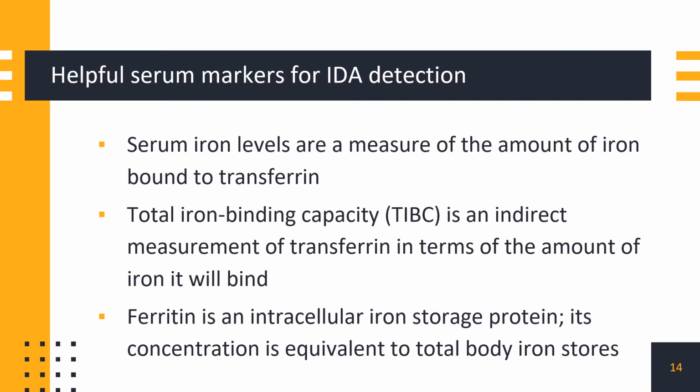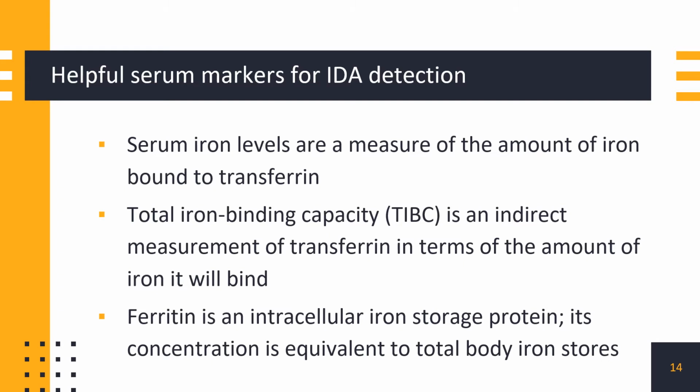Helpful serum markers for iron deficiency anemia detection are as follows. We have to check for serum iron levels, total iron binding capacity, and ferritin levels. Serum iron levels are a measure of the amount of iron bound to transferrin.